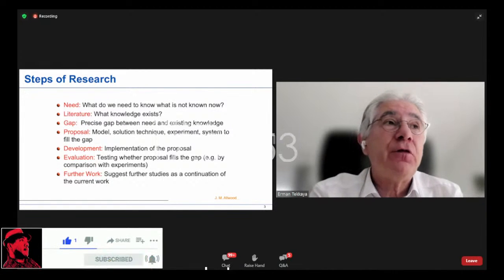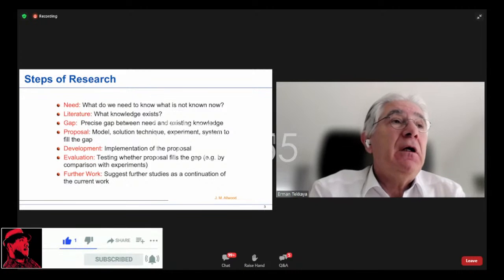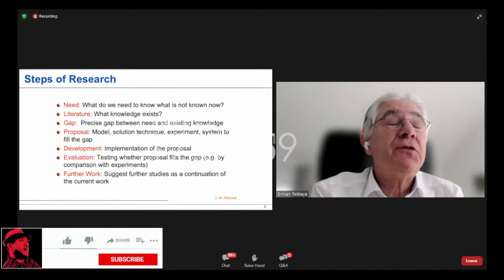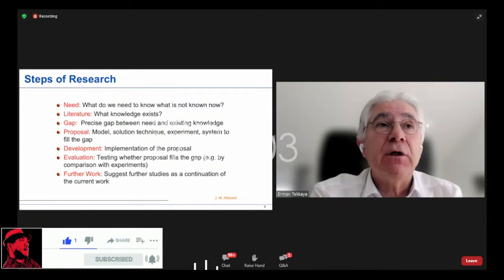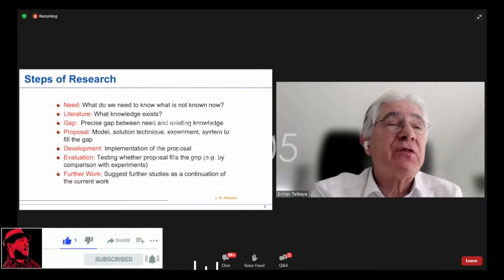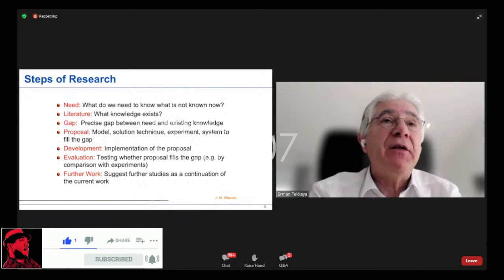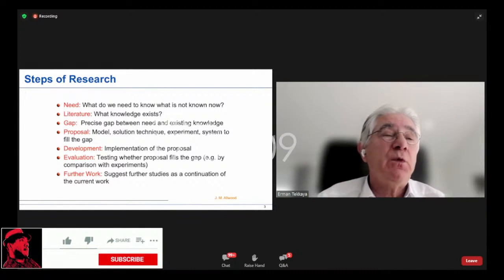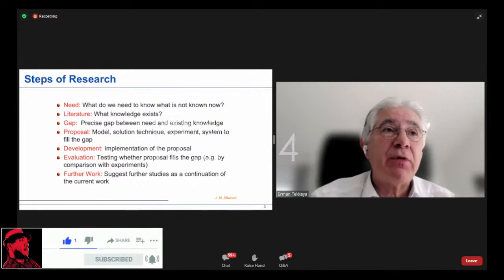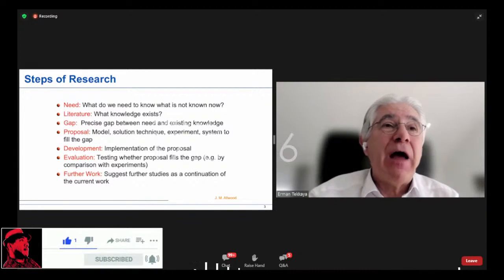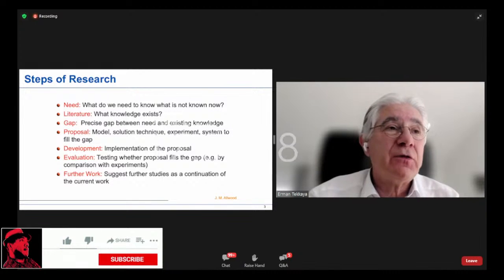So you have to find the gap in the topic. Then you have to make a literature survey. What knowledge exists in order to answer the question related to the need? And if there is a difference between the literature and the need, that's the research gap. And that's the gap you have to fill with your research.